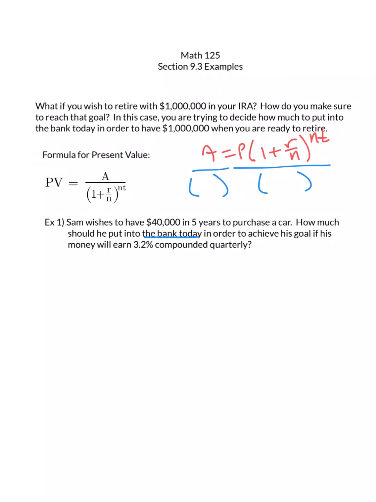If you think about that wording, that means that we are going to put one chunk of money into the bank today, and we're just going to let it sit there and grow. That's what's going to tell us that we need to use this formula. We are only putting in one deposit and letting it sit and grow.